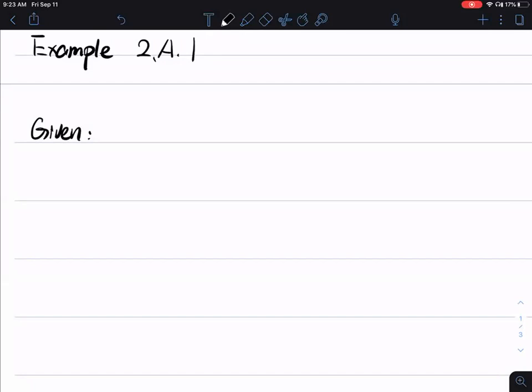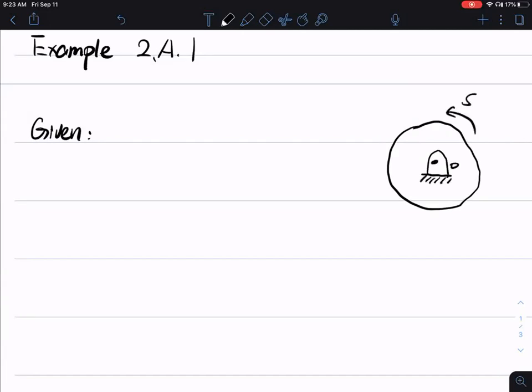Could I have a volunteer to read this problem for the rest of us? Sean, do you mind? The disk shown is rotating at a non-constant rate about a fixed axis passing through center O, where at a particular instant, the acceleration vector at point P on the disk is AP.